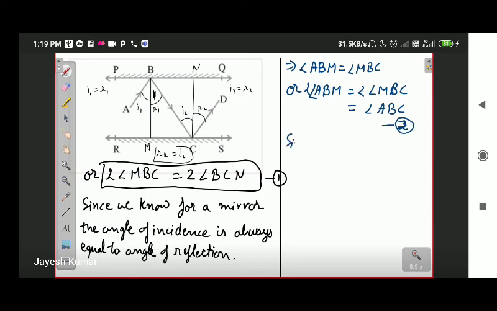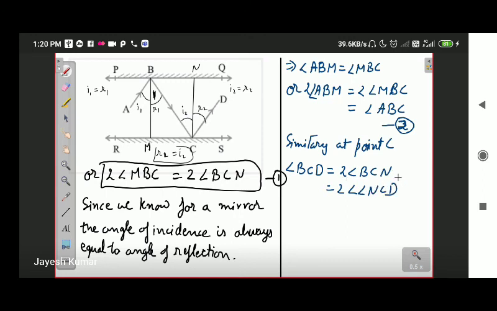Similarly, at point C, what is happening at point C? Angle BCD is equal to twice of angle BCN, which is equal to twice of angle NCD. So angle BCD is equal to either twice the angle of incidence or twice the angle of reflection.